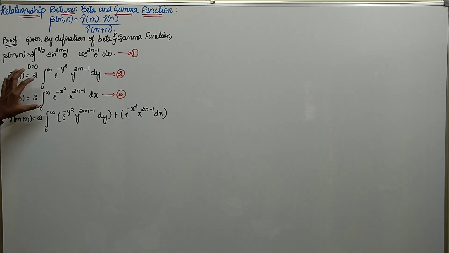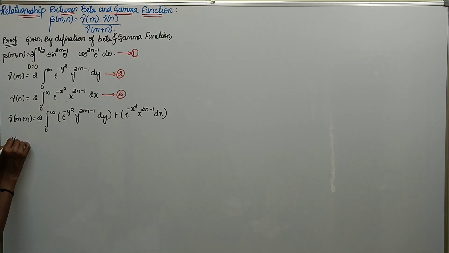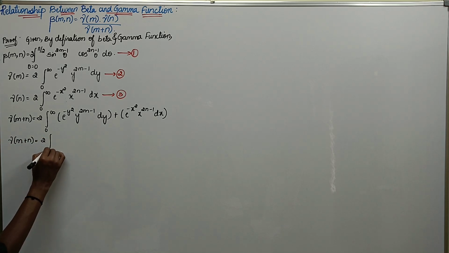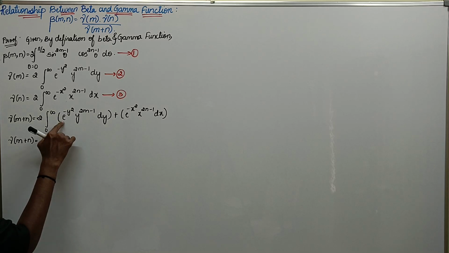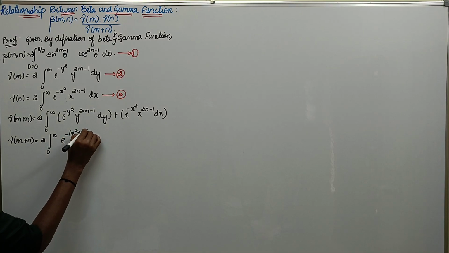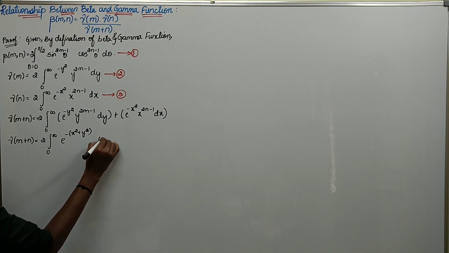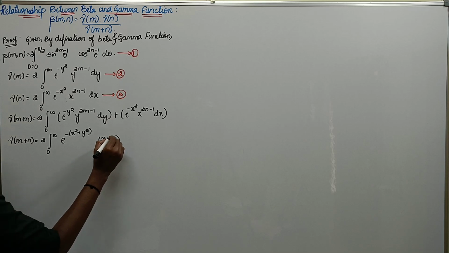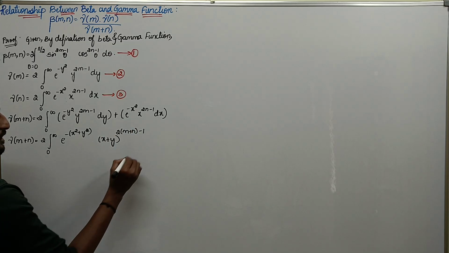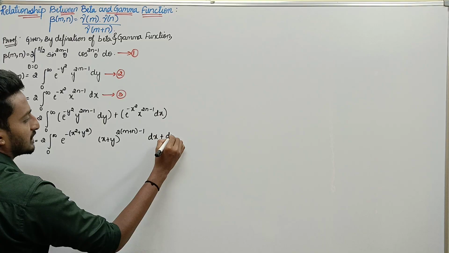We have taken two terms, which you can represent as gamma of m plus n, which is equal to 2 into 0 to infinity e to the power of, see, bases are same, powers can be added, that is minus x square plus y square. Similarly, x plus y into 2 into m plus n minus 1 into dx plus dy.